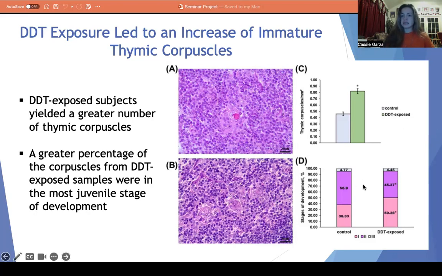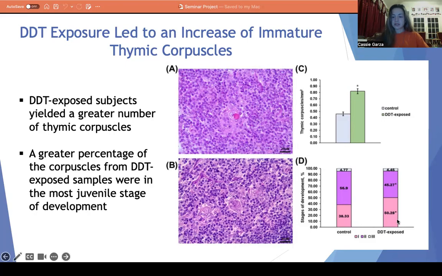You can see that. And graph C actually shows the amount of thymic corpuscles per millimeter squared in both of these samples. And you can see that this green bar, the DDT exposed, is about twice as high as the control value. And then figure D over here actually breaks it down even further. D is going to show us exactly how many of these corpuscles are in what stage of development.